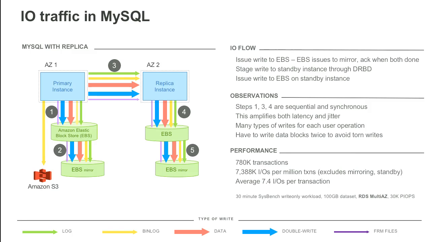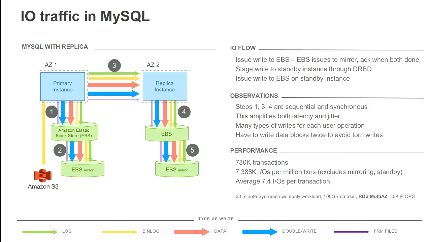Let's look at this in an example and see how this all breaks down. I'm going to start with regular MySQL, let's say in the RDS MySQL environment, where anyone can set this up on their own. We just used RDS MySQL because it does such an amazing job at setting up and managing this kind of mirrored MySQL environment. In this world, you have your primary instance running in one AZ and a secondary instance, a standby, in another availability zone.